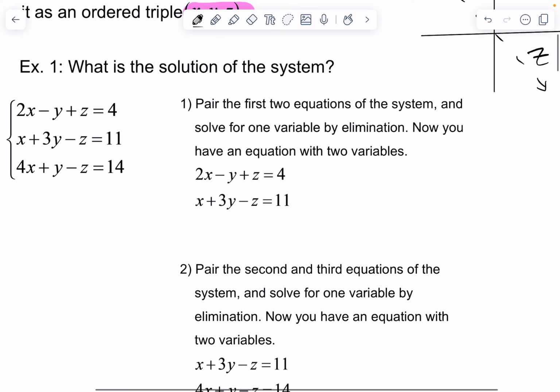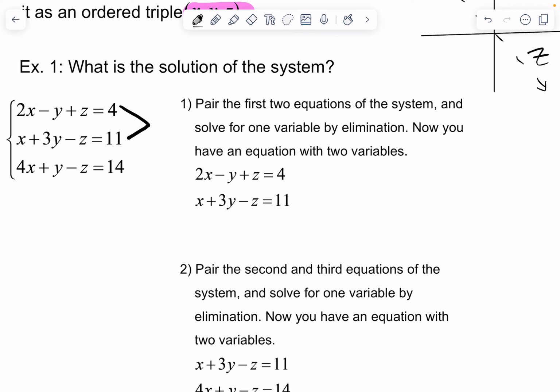All right, so now, how do we solve? Well, right off the bat, the easiest way is elimination. When you see a system of three variables or three different equations, you want to go ahead and first pair the first two equations of the system and solve for one variable by elimination. Once you do that, you're going to have an equation with two variables.